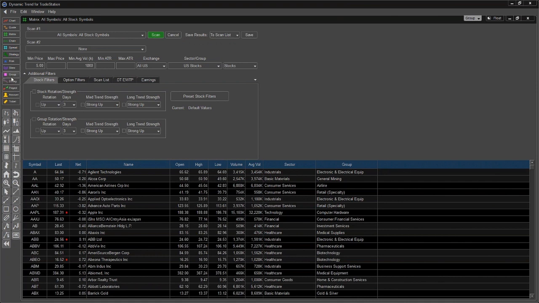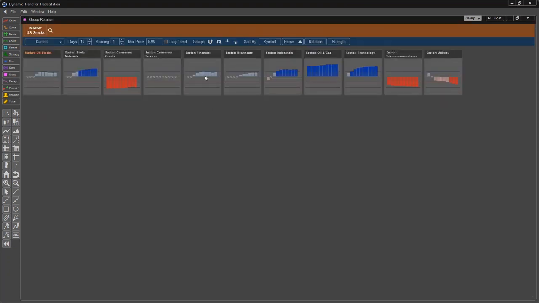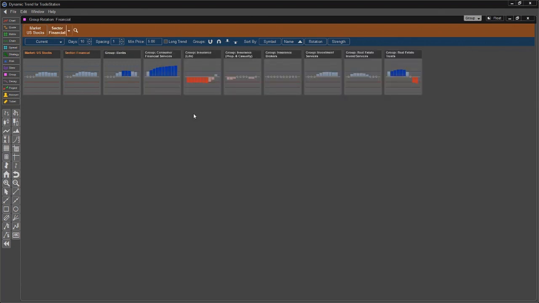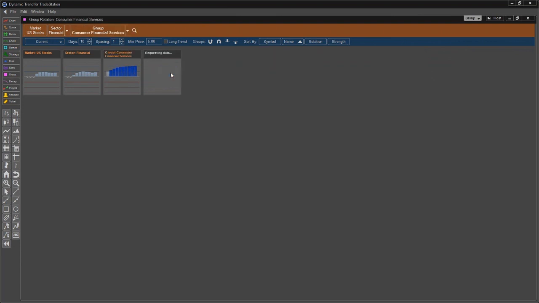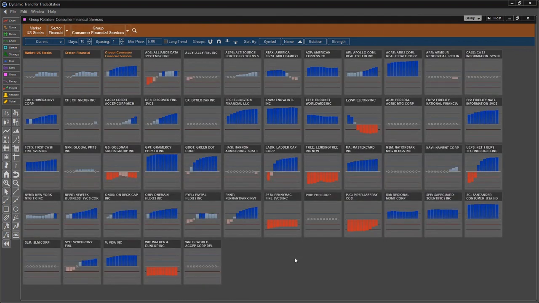If you have our program, there's a group button here on the left, and if you click on that, we can see that right now the financial sector is considered to be on the strong side for the last 10 days because it's blue, and the consumer financial services is extremely strong. So here are all the stocks that are in that financial services. So you can see strength and weakness, not only in the stock itself, but the group and sector.